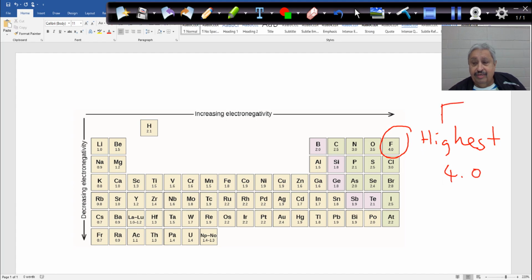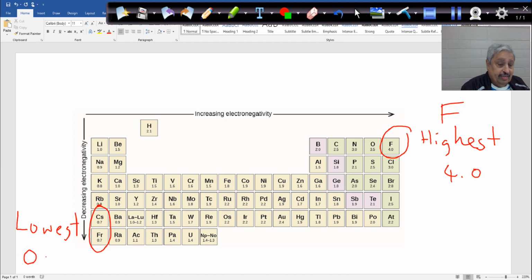So fluorine is the highest, and cesium and francium here are the lowest, and their electronegativity scale is 0.7. Therefore, electronegativity is the opposite of electropositivity. We have two terms, electropositivity and electronegativity, but we are interested in electronegativity.